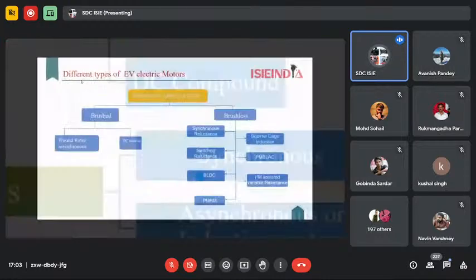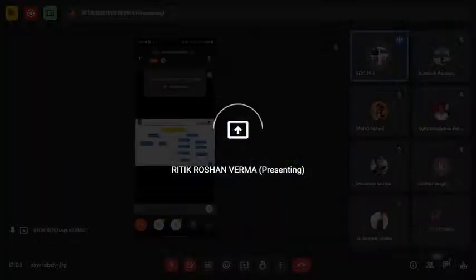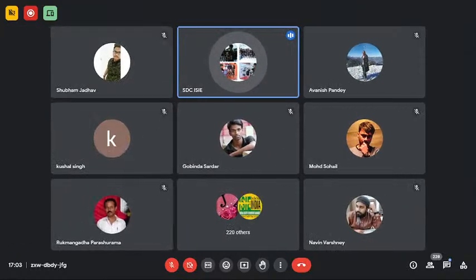So we have classified motors as brush motors and brushless motors for a better choice for EVs. Wound rotor motors and DC motors like series and shunt motors have brushes. The brushless motors include the synchronous reluctance motor, which works on the basis of salient and non-salient poles.